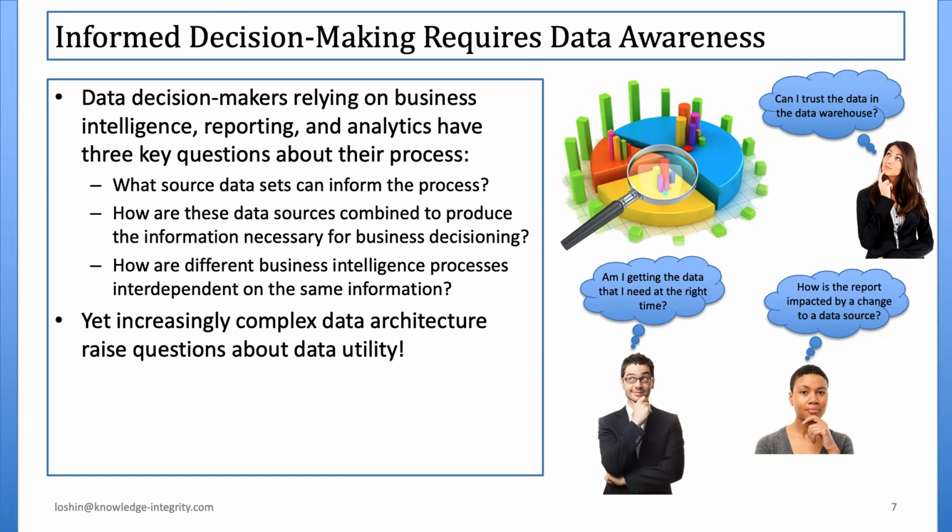So from a logical perspective, what we're looking at in terms of informed decision making is that we require data awareness, and that data awareness is not just being able to look at a simple enumeration of data sets and a list of the data elements that are in those data sets, but rather having increased visibility into how the data elements that are being made available to me in the formats that they are being made available, how are they produced?